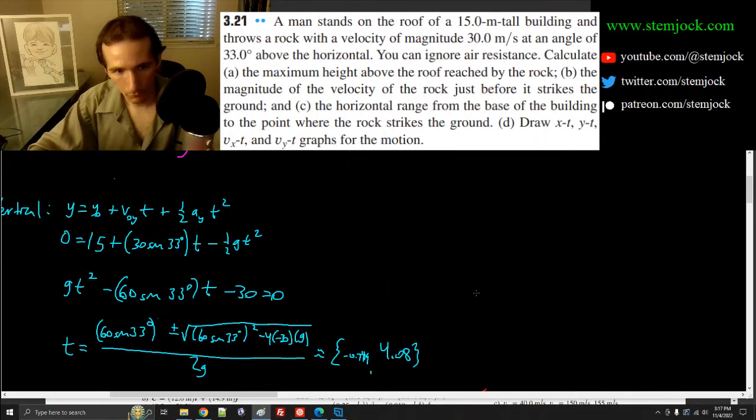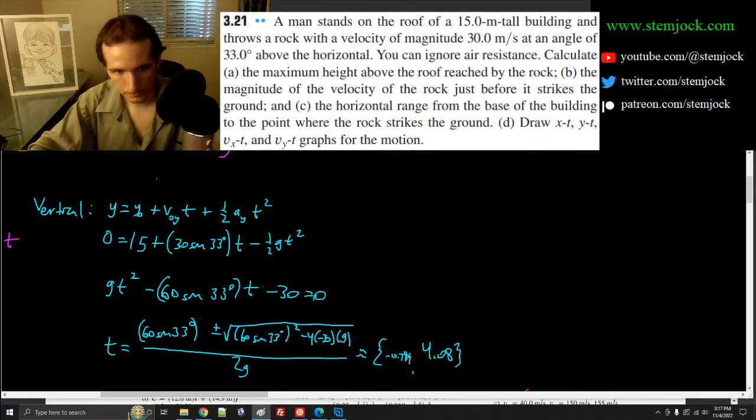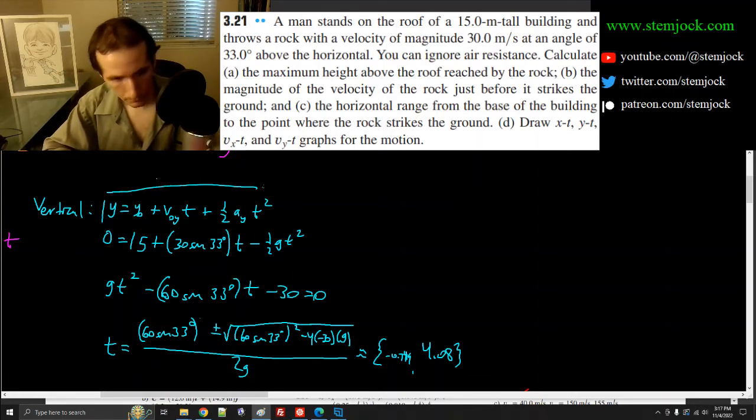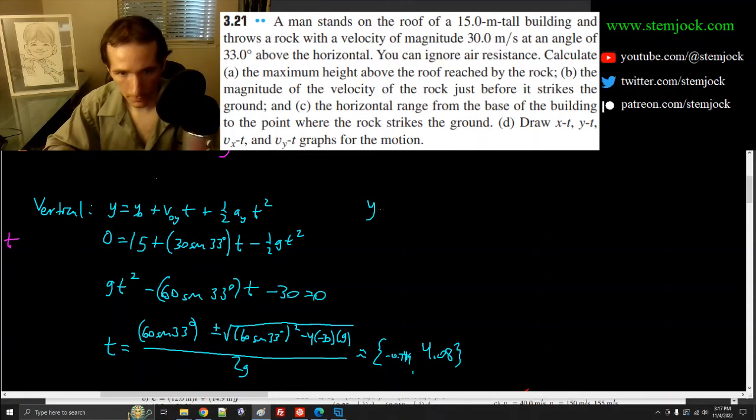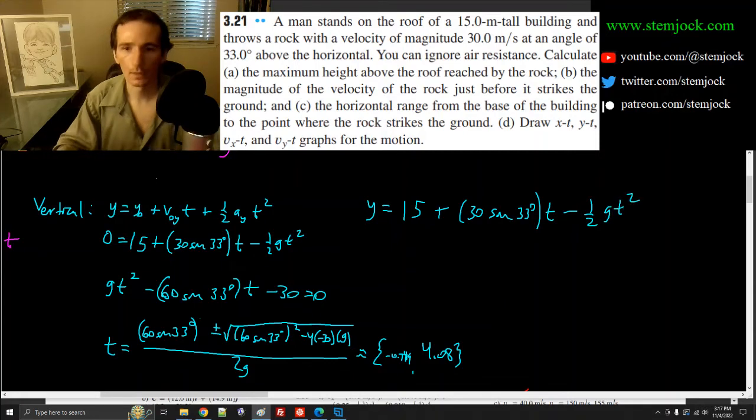Now the graph of y versus t. So it's going to be this equation here. So y initially is going to be 15, and then plus 30 sine 33 degrees, t minus 1/2 gt squared.